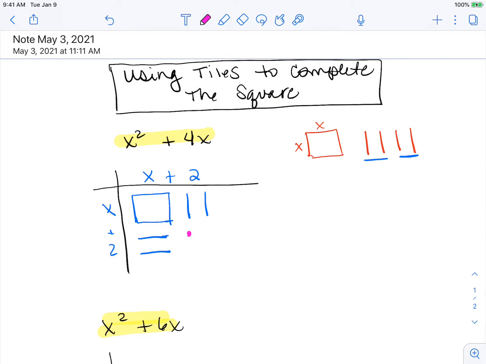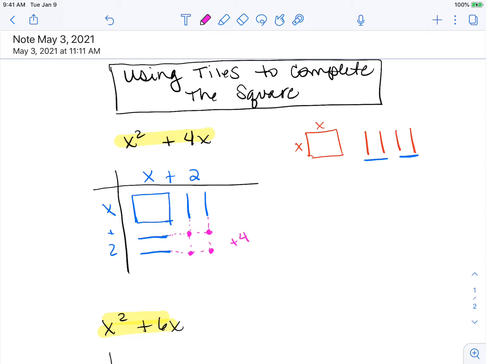If I put a little unit here and a little unit here, which line up with these, and line up with these, and then a little unit here and a little unit here, and this lines up with these and lines up with these, I've added 4 more pieces. So I had to add 4 to complete my square.